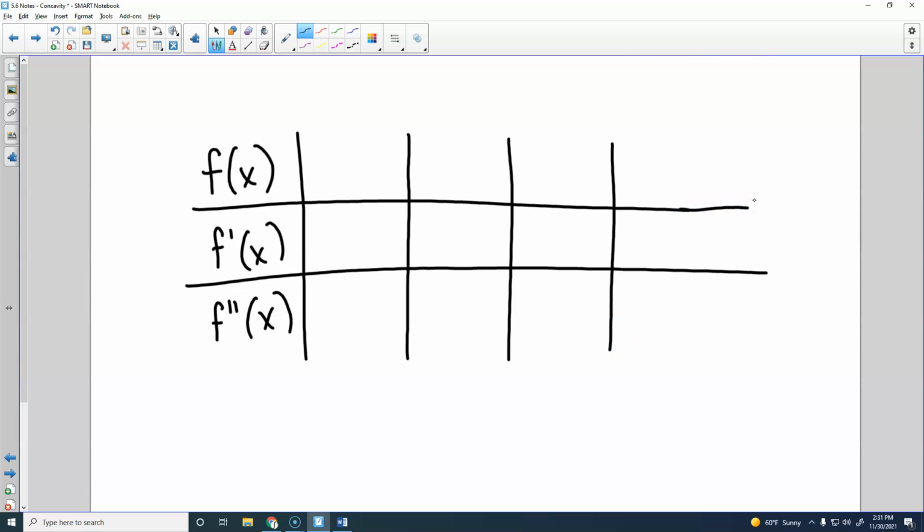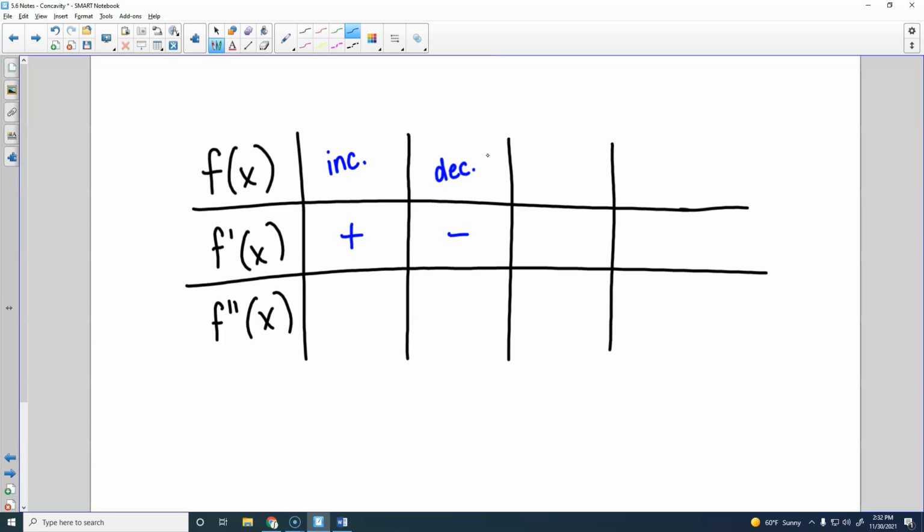What we've done up until this point is we said that if my first derivative was positive, it told me that the function it came from was increasing. And if the first derivative was negative, what did that tell me about the original function? Decreasing. So that's what we've been learning so far, before we got here.